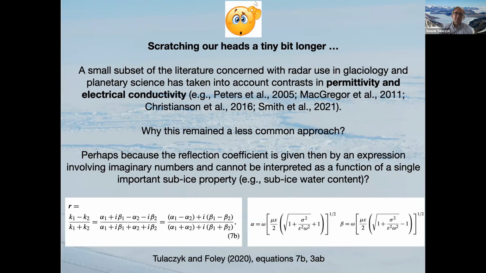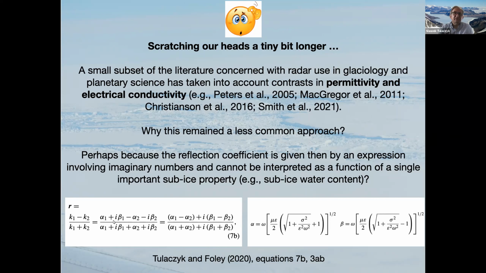Well, one practical issue is that once you retain electrical conductivity, your reflection coefficient is not going to be easily real. It's a complex number containing imaginary terms, as shown here. On the left-hand side, you have the square root of -1 multiplying different parts of the propagation constant for EM waves.